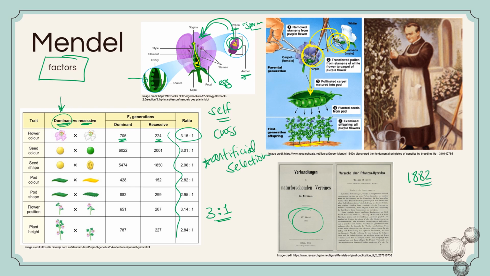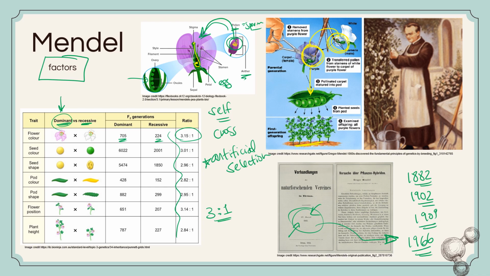The hypothesis that chromosomes were involved in inheritance wasn't proposed until 1902. We didn't even invent the word gene until 1909. We didn't know about A's, T's, C's, and G's until, are you ready for this? 1966. So Mendel was talking about the inheritance factors 100 years before we even knew about DNA sequences.